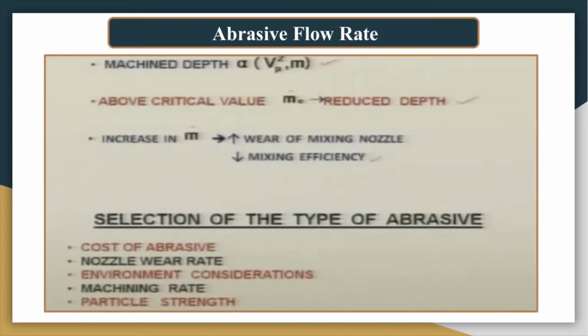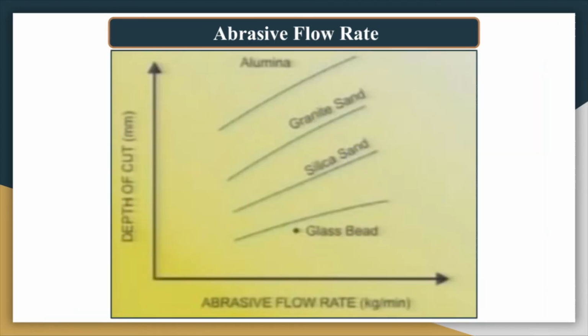Selection of the type of abrasive depends on the cost of abrasives, nozzle wear rate, environmental considerations and machining rate. Finally, it also affects the particle strength. So let us see the effect of abrasive flow rate.